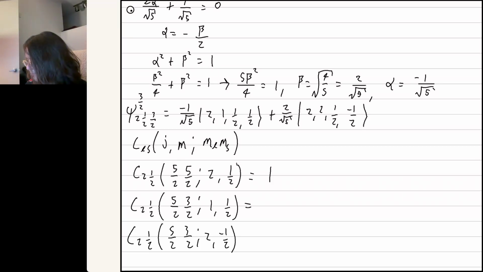For the 1, 1/2, we had 2/5. For the 2, -1/2, we had 1/5.